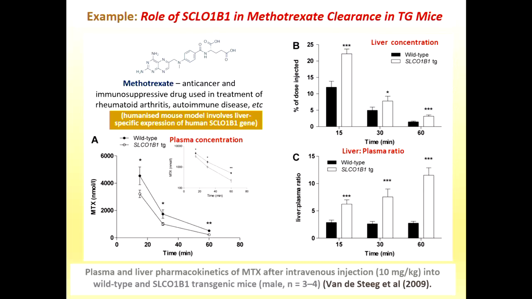Liver plasma ratios are pretty important in pharmacokinetics, and you can see considerably higher liver plasma ratios that are sustained over the first 60 minutes of treatment with methotrexate in the transgenic mice.